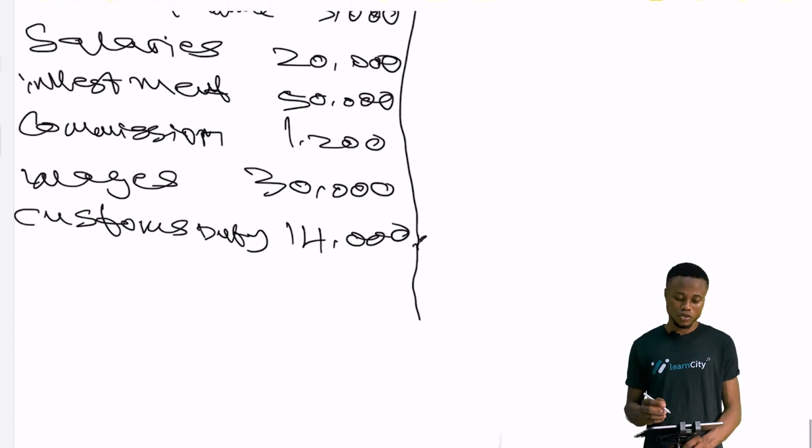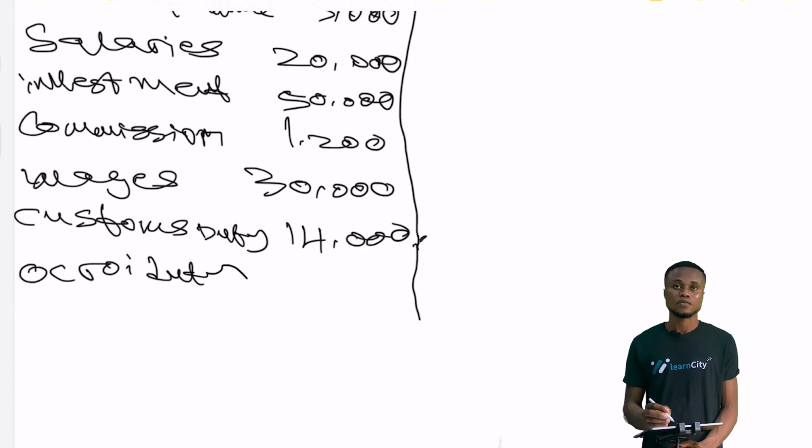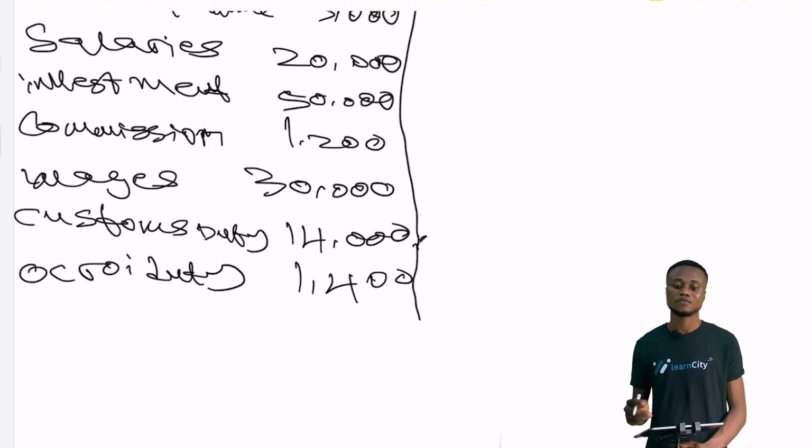After customs duty, they give us accrual duty. Remember in the format, I made mention of accrual duty and freight duty. So in this question, they now give us something related to accrual duty. Accrual duty is 1,400. Such a small amount.